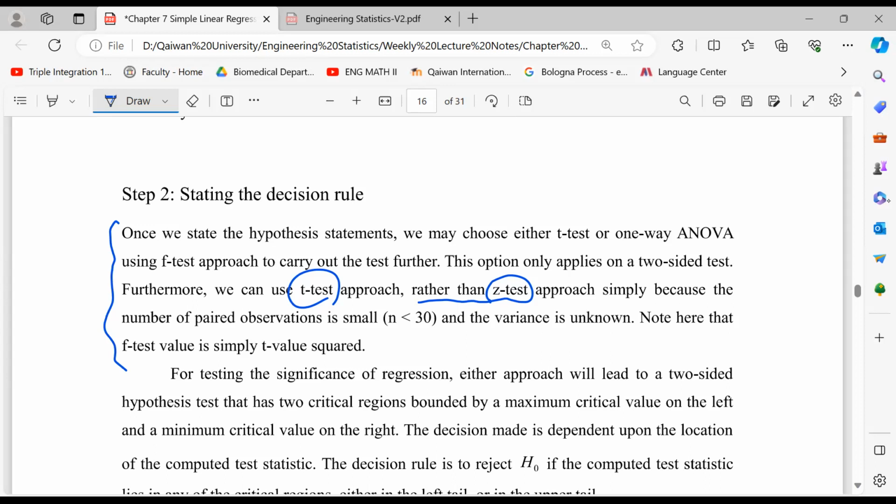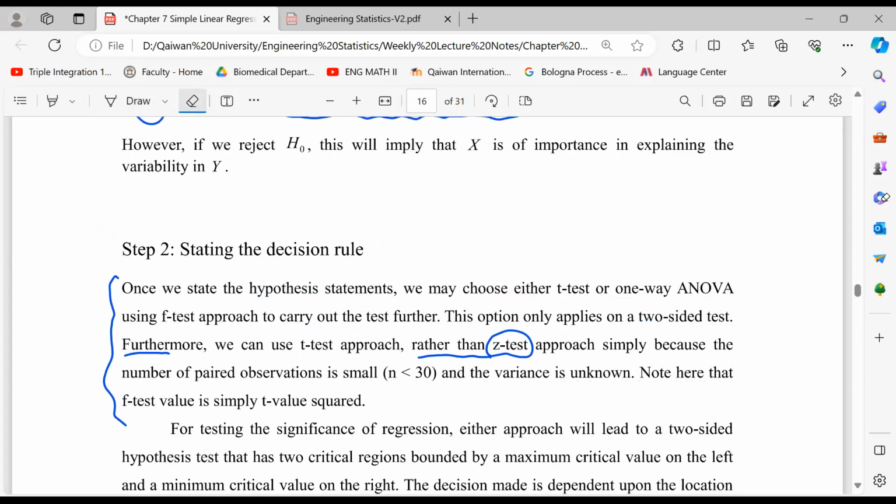It's explained here where we use the F test and where we use the T test. The F test option only applies for two-sided tests.